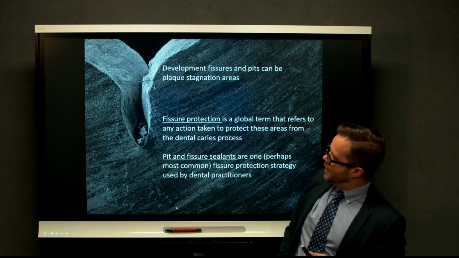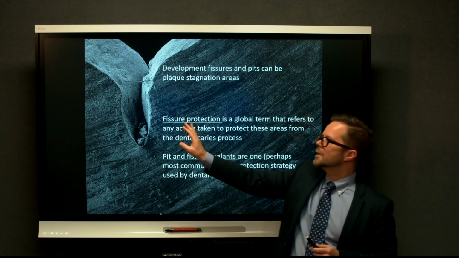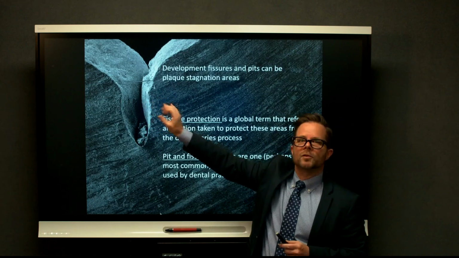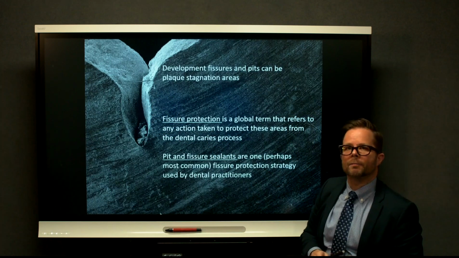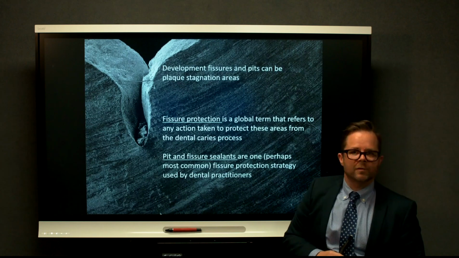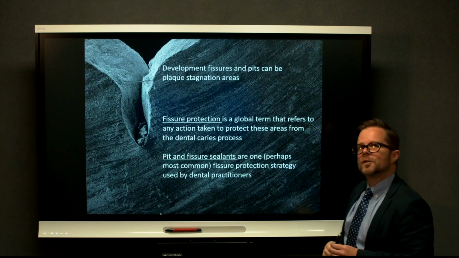So when we're talking about how to protect people's teeth from disease, we need to consider what we might do in these areas on the tooth surface to reduce that risk of disease. And one thing we can do is called fissure protection.